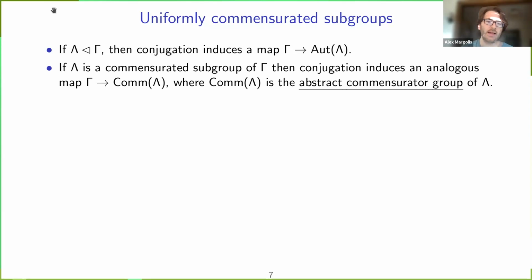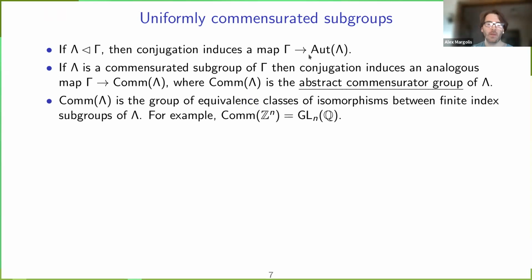And there's a nice analog of this. If you have a commensurated subgroup, then gamma doesn't act on lambda by conjugation, but it acts on sufficiently deep finite index subgroups of lambda by conjugation. And so we get a homomorphism from gamma to what's called the abstract commensurator of lambda. So this is an analog of the map from gamma to the automorphism group of lambda when lambda is normal.